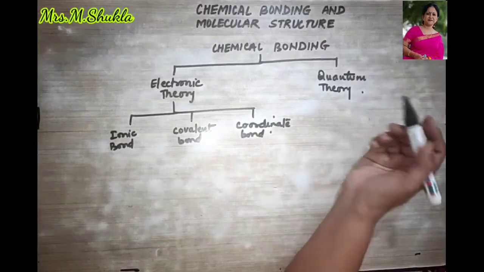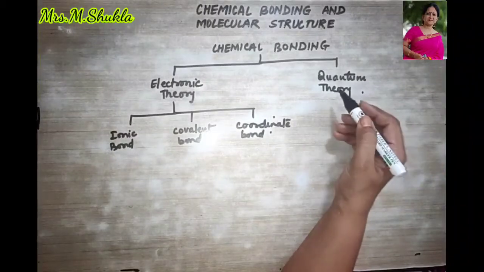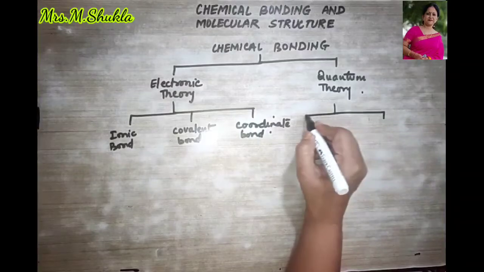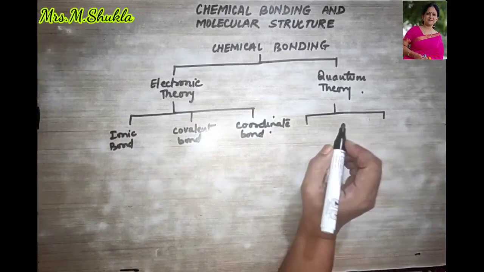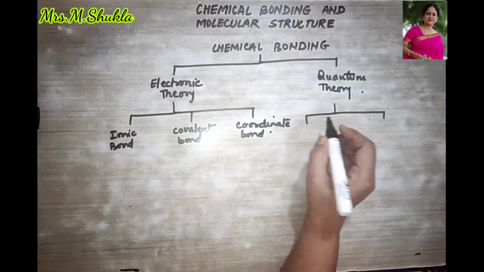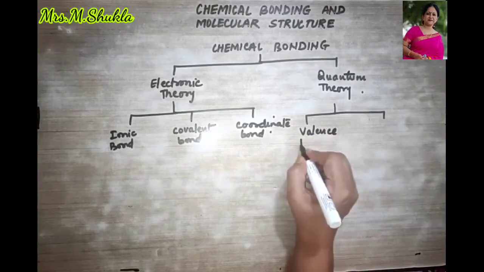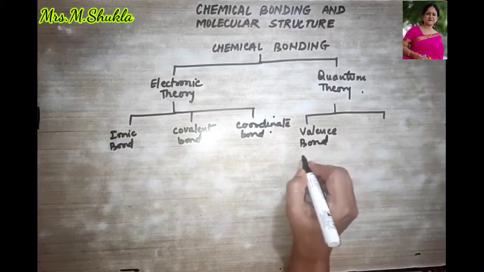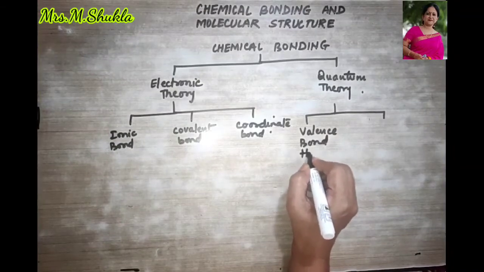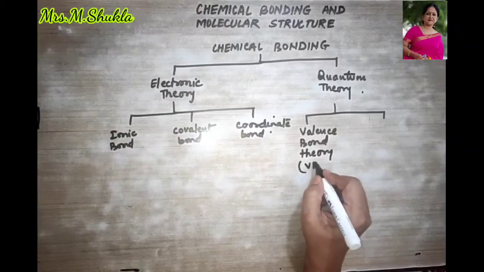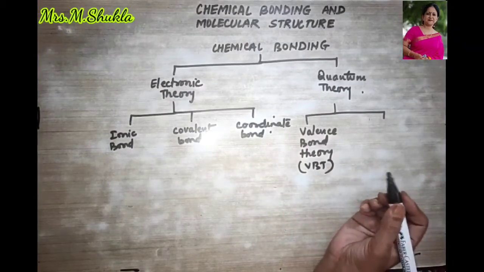Now, what are we going to discuss under quantum theory? What kind of bonds are we going to talk over here? Basically, they are divided into two parts. The first one is called valence bond theory, okay, which is also called VBT in short.